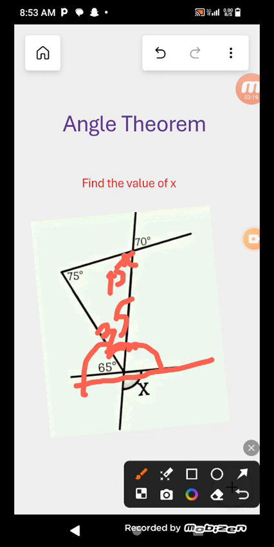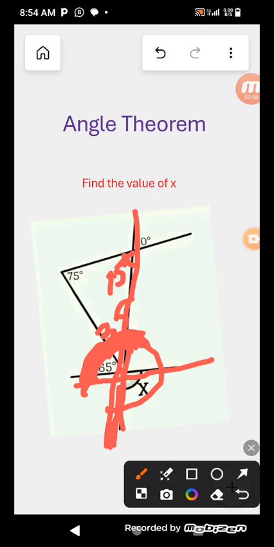If the whole of this angle is together, which is 35 plus 65, which is 100, are you aware that this whole angle from here to here is vertically opposite to the whole of this angle, x?